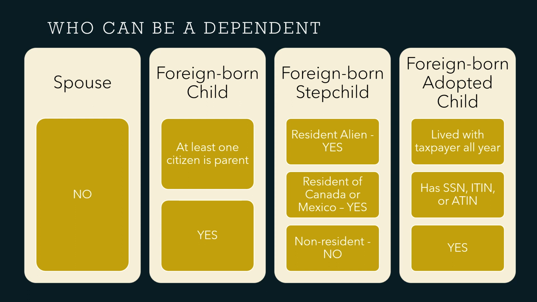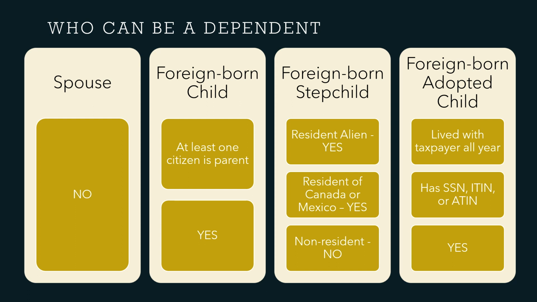Once we've determined the alien status of the taxpayer and/or spouse, and they've decided what filing status choice they want to make, then we can start looking at other people who could be a dependent on the return. As we discussed before, one spouse cannot claim the other spouse as a dependent on the return, regardless of whether that other spouse is filing a U.S. return or not.